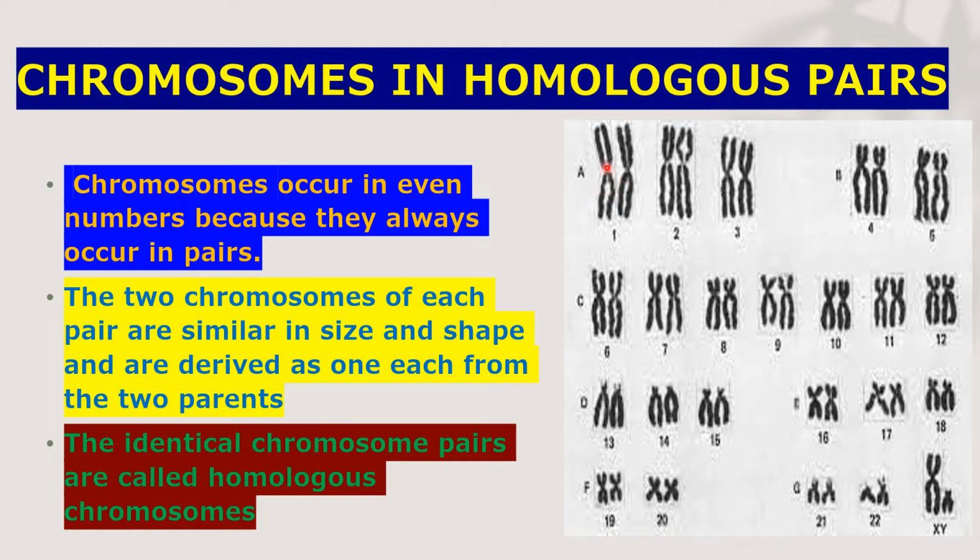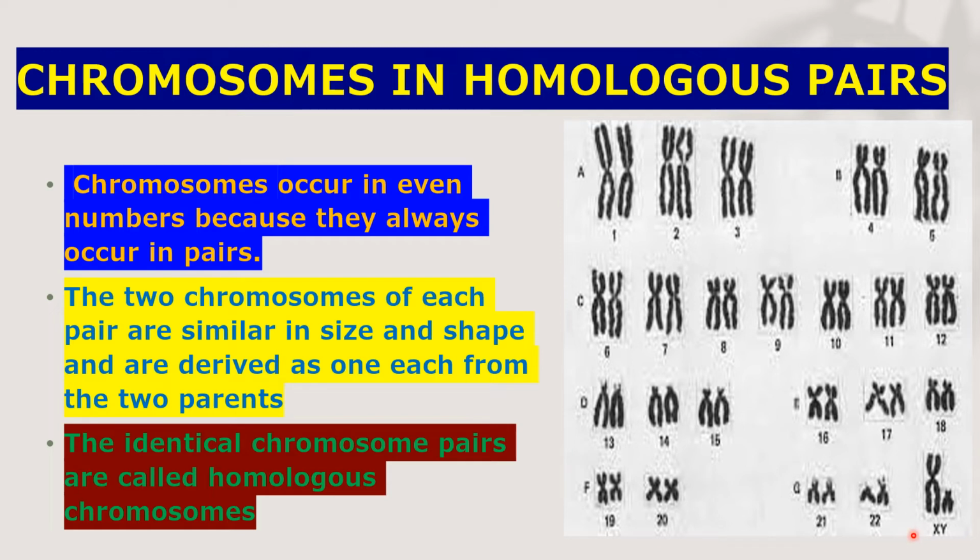That means one chromosome from that pair comes from the father, the other chromosome from that pair comes from the mother. The chromosome coming from the father is the paternal chromosome, and the chromosome coming from the mother is the maternal chromosome. You can see that in all the pairs.